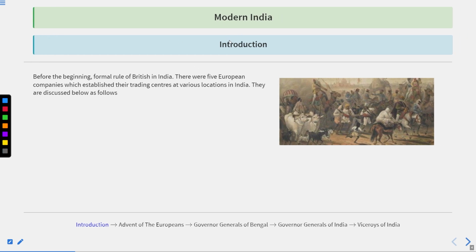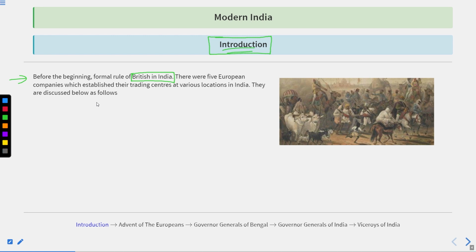So first of all, there is an introduction. Before the beginning of formal rule of British in India, whenever we talk about the modern India, the first thing that comes to our mind is British India or the British colonial period. And why is it so?